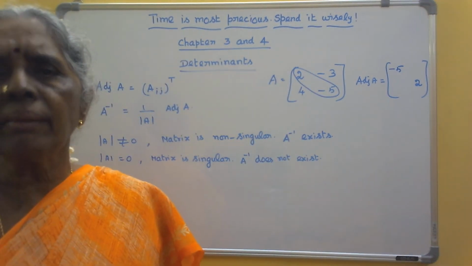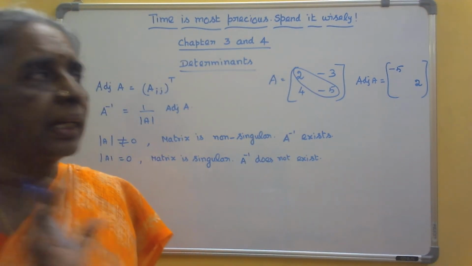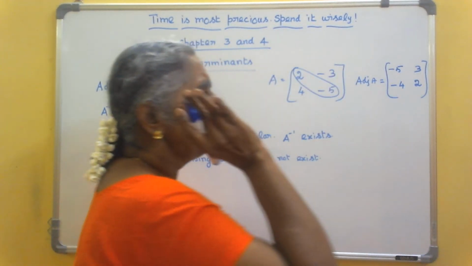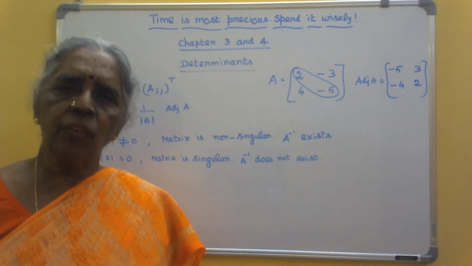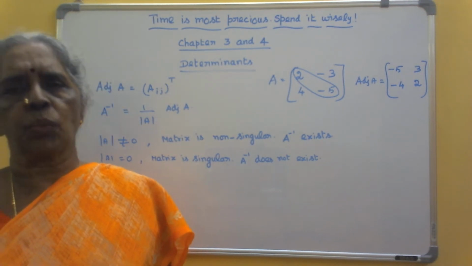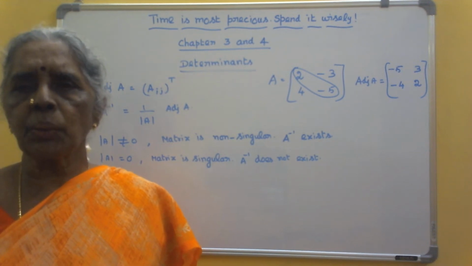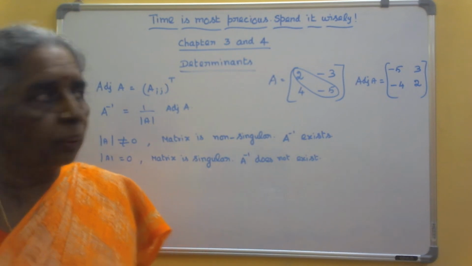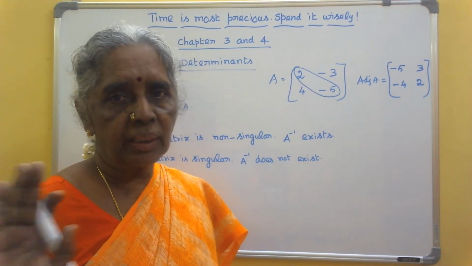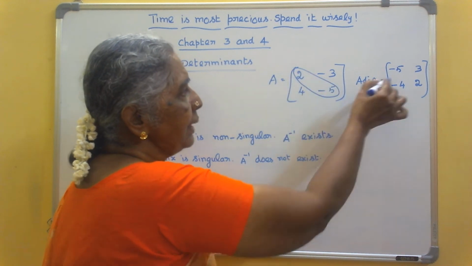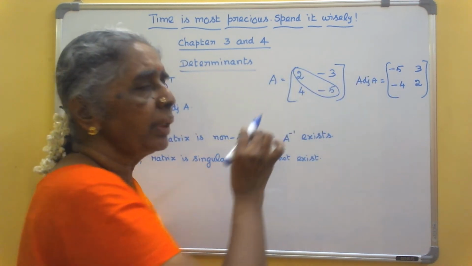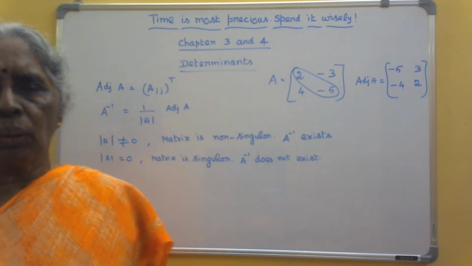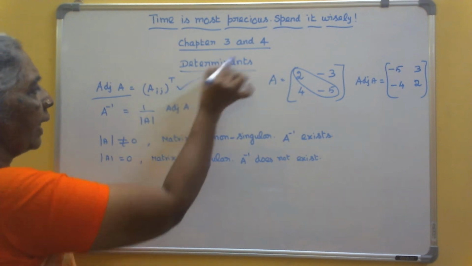Just change the sign of those two elements. So this will become plus 3, this will become minus 4. This is the adjoint A. Even if you find the cofactor matrix and transpose, you will get the same thing. But this is a shortcut which you can apply for 2 by 2 matrices alone. Let me tell you again, for adjoint A, the diagonal elements you interchange, the other two elements you change the sign. That is called the adjoint A.